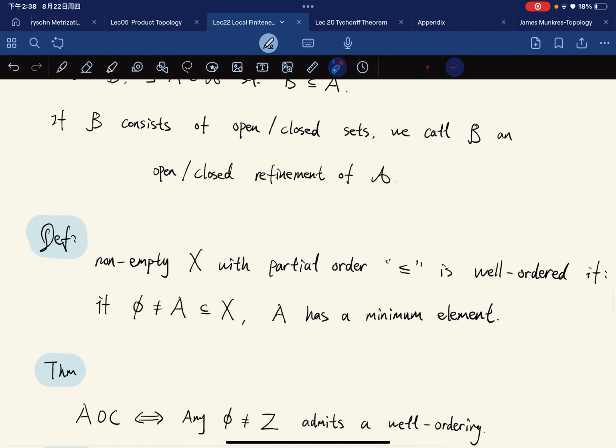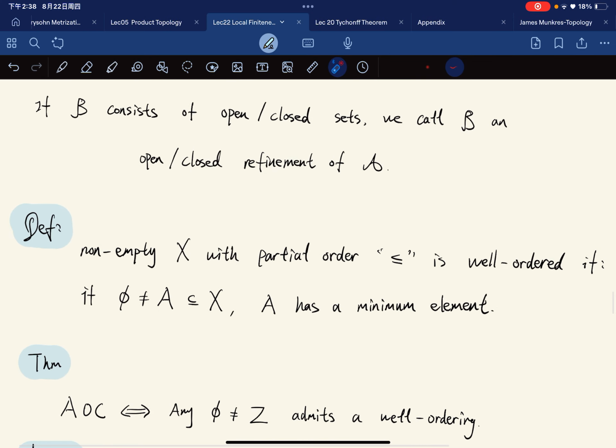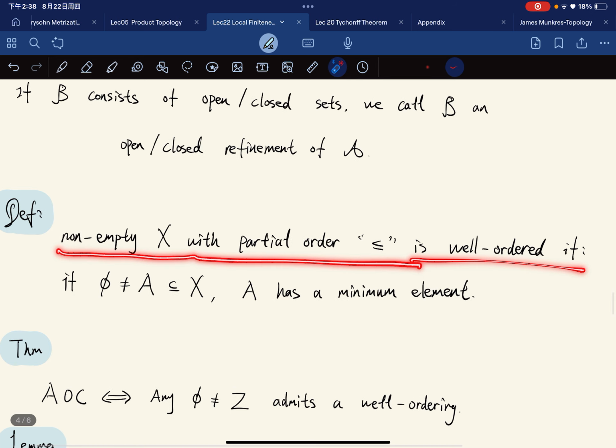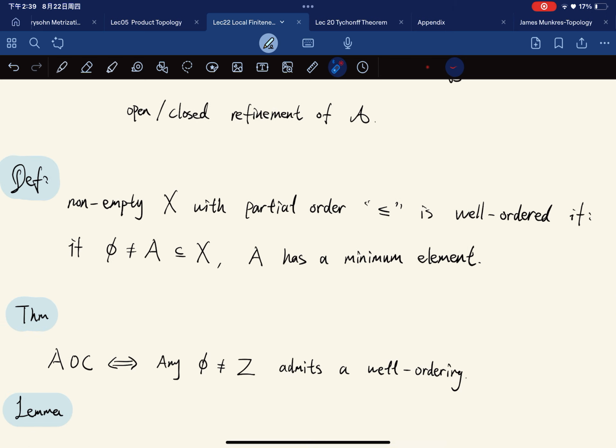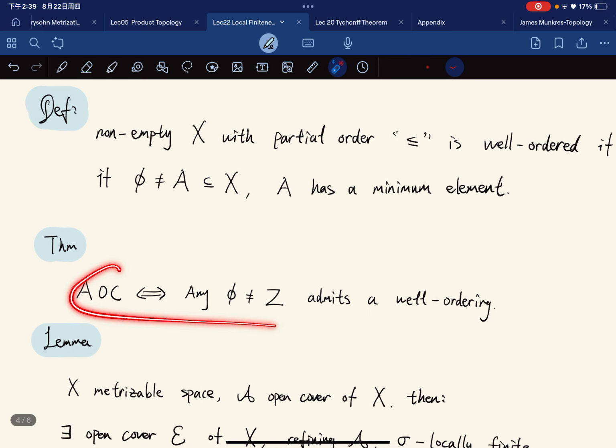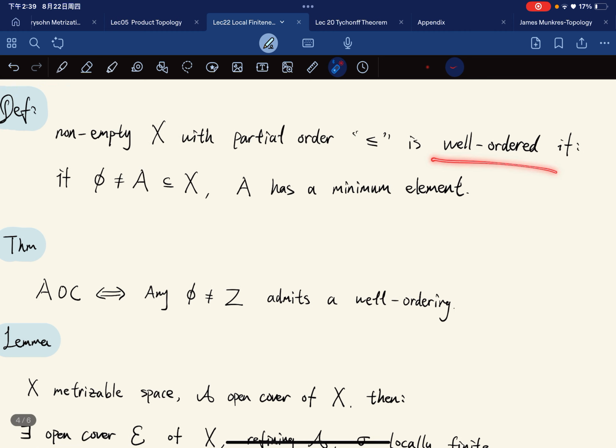So here's a definition. We say a non-empty set with a partial order is well ordered if any non-empty subset has a minimum element. It turns out that the axiom of choice is equivalent to the well-ordering principle, that is, any non-empty set has an order that is a well-ordering.